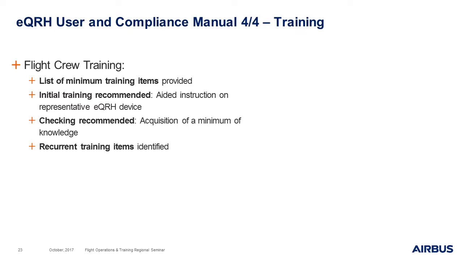So in addition to this initial training, a check should be appended to the initial training to ensure the acquisition of this list of training items. 2 items were identified for the recurrent training: the eQRH double layer display mechanism I have just presented to you, in addition to the eQRH use in smoke conditions.